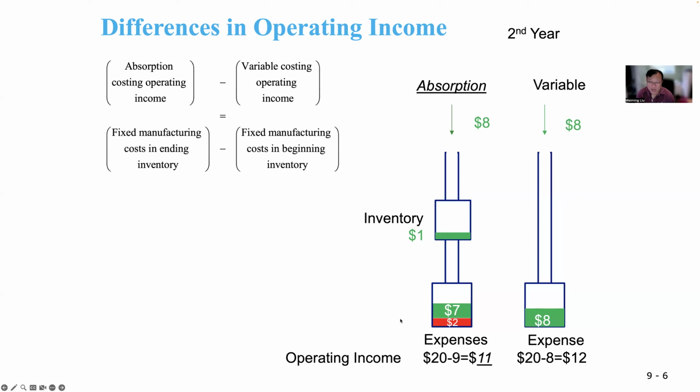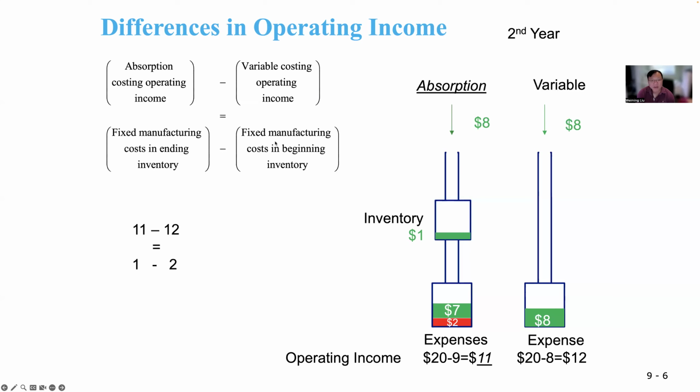So now let's try using the second year's figures to test this formula to see if it's correct. Absorption income, that's 11. Variable costing income, that's 12. So 11 minus 12. Okay, that's the difference in the income. Fixed manufacturing cost in ending inventory, you can see here, that's the $1 left, right, at the end of second year.